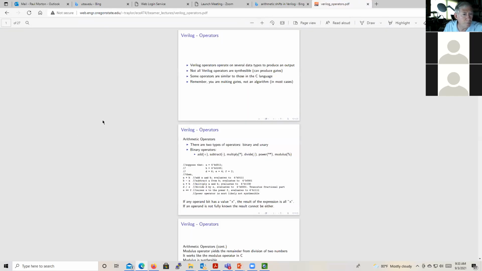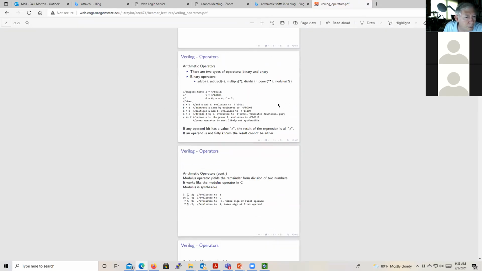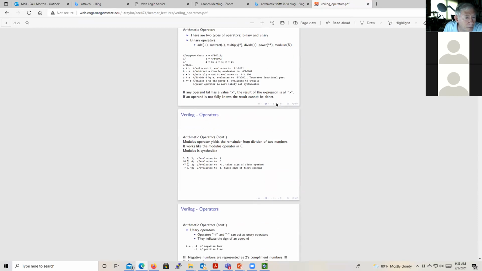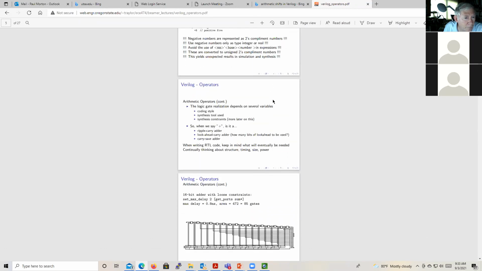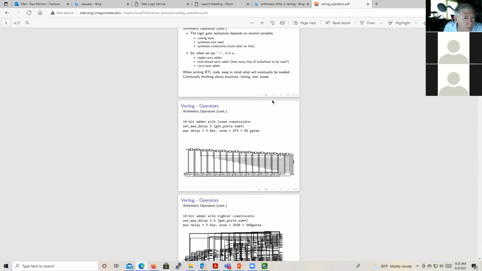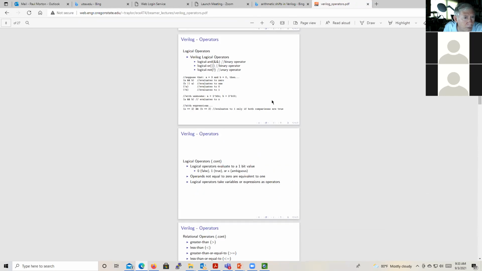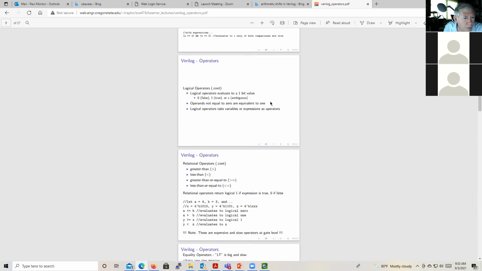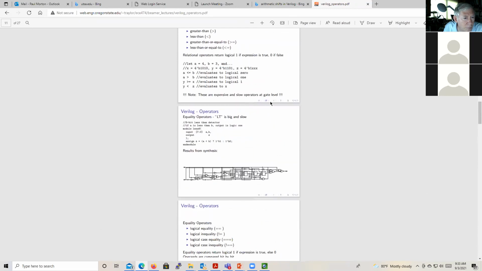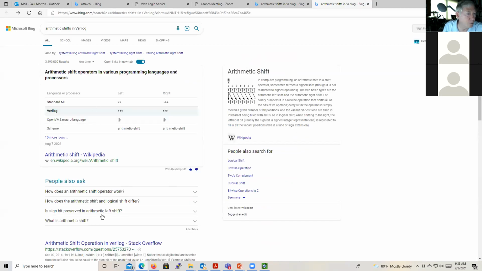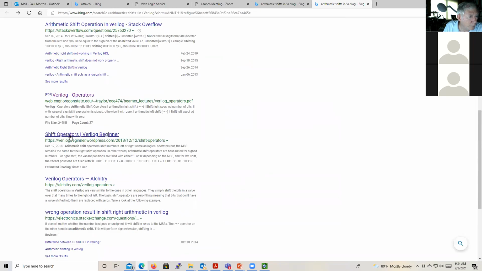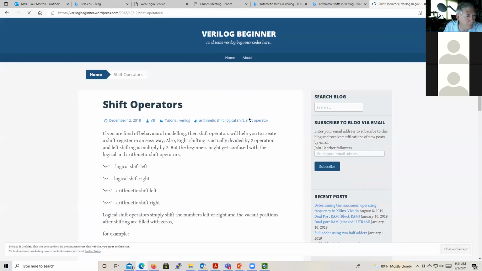I think this will explain it. I want to make sure I get this right. And I have, let's see, relational. Well, I'll double check it and let you know for sure. Okay, here, let's do this. No, that's going to be Verilog beginner. Okay, this should be better.